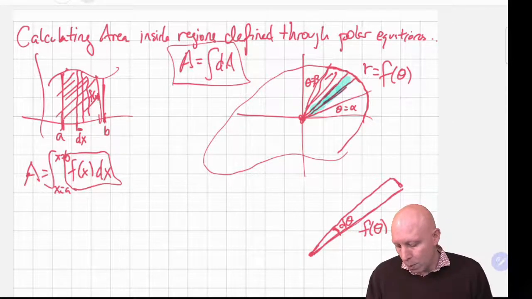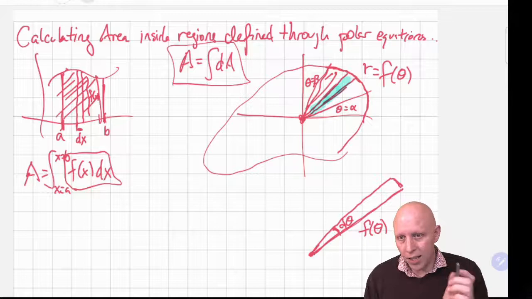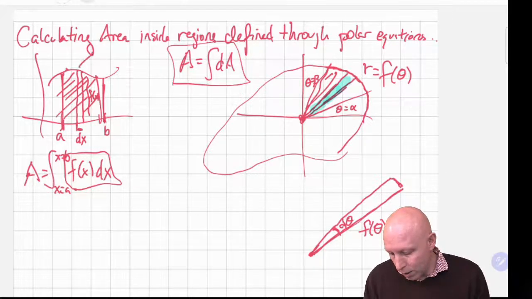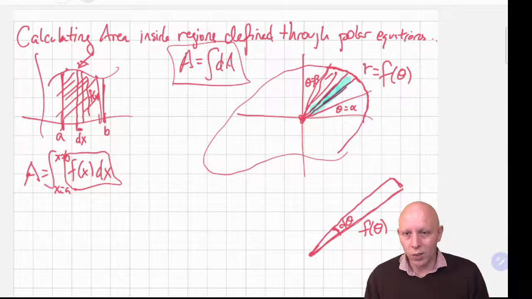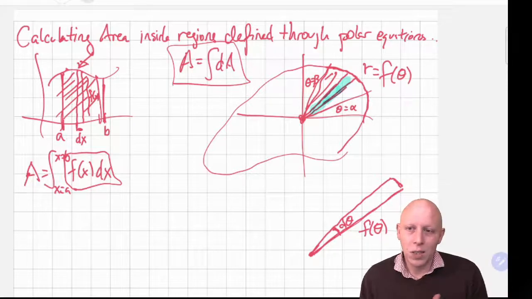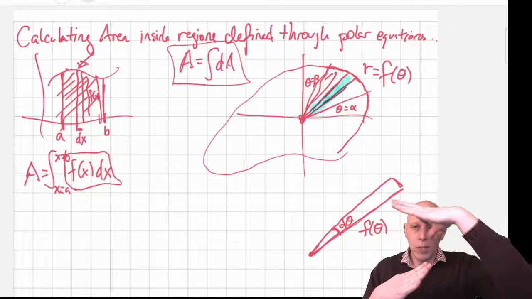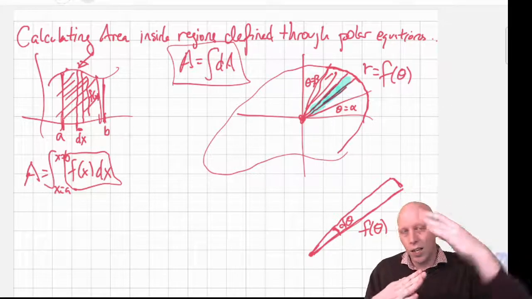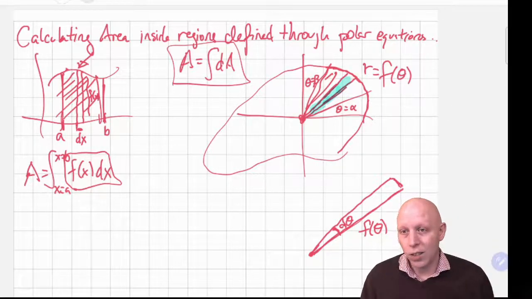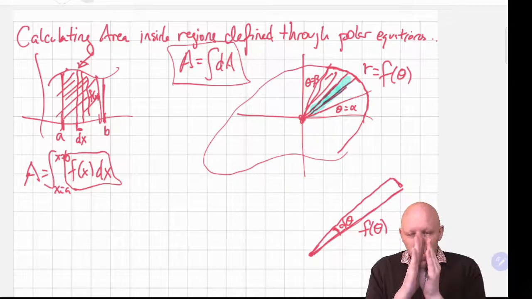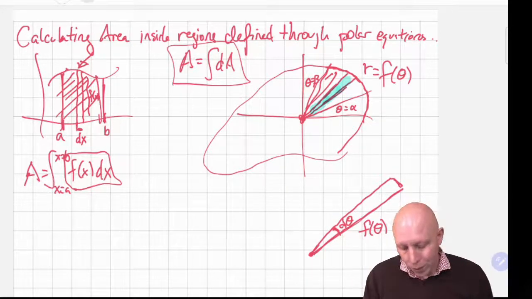Just like in the previous case, a rectangle is a good approximation even though the top of the rectangle is slightly angled. We still think of it as a rectangle basically because it's so skinny.